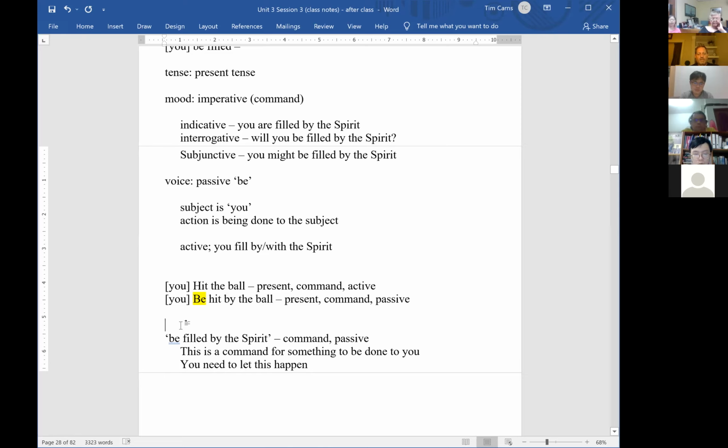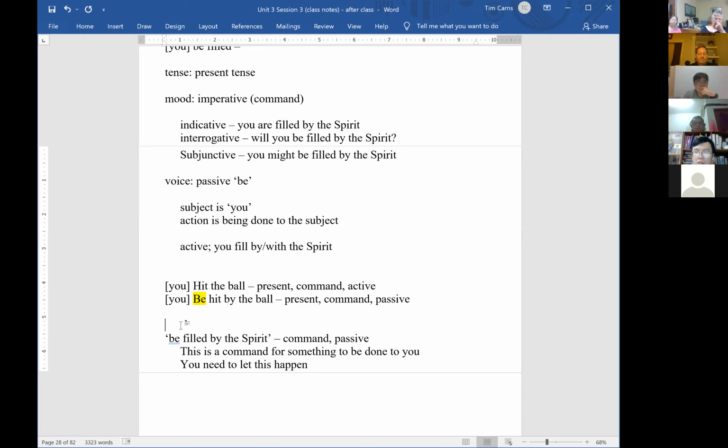All right, so do you see the comparison here? Then if Paul's saying be filled by the Spirit, what he's saying is you put yourself in the position so that the Spirit fills you. You don't do the filling. And the Spirit is not the content. He's not saying that the Spirit is what fills, that you're being filled with the Spirit as if he were a substance. What it's saying is, be filled, let the Spirit fill you.